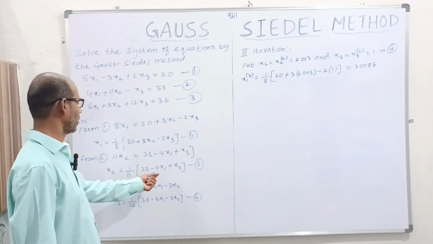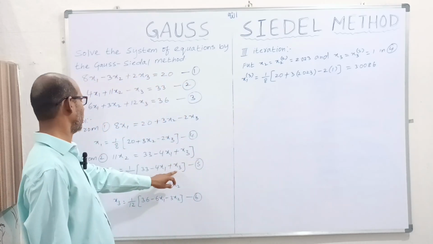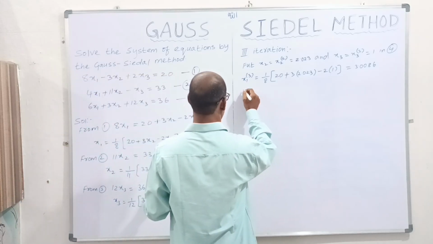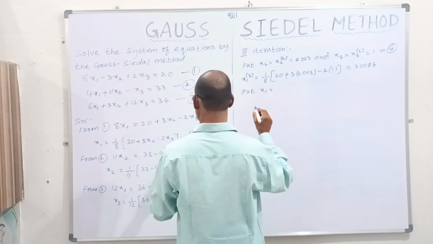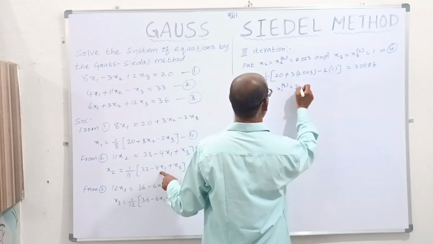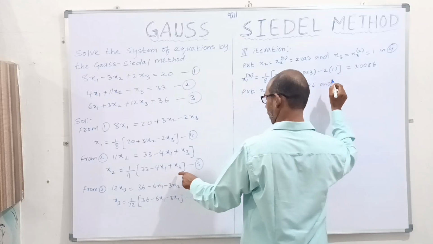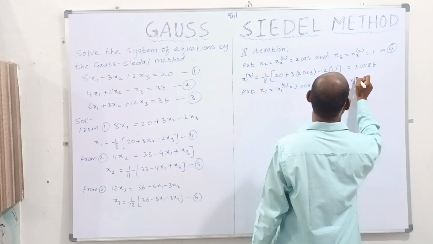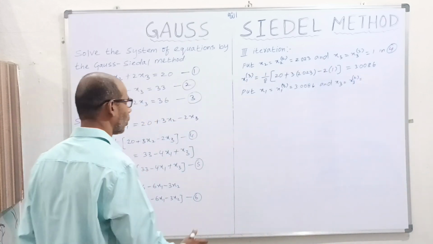Now, to get x2, we have to substitute x1 and x3. We will use the value of x1 obtained in the third iteration, 3.0086, and the value of x3 obtained from the second iteration, that is 1.